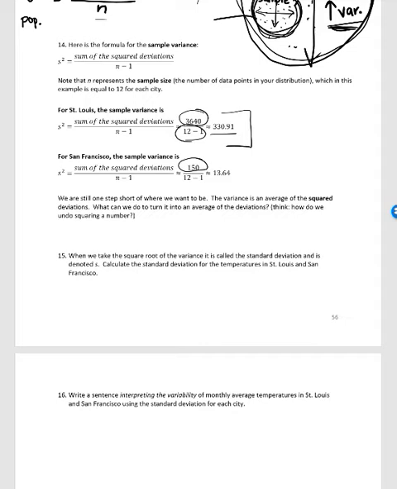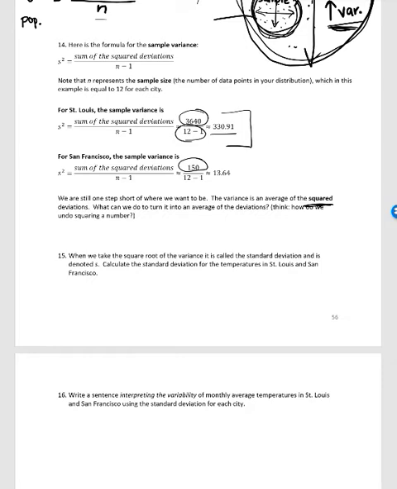So this means we're one step short of where we want to be. The variance is really an average of those squared deviations, right? You square all those deviations, add them up, and divide by n, or n minus 1. But we don't really want the average squared deviation.